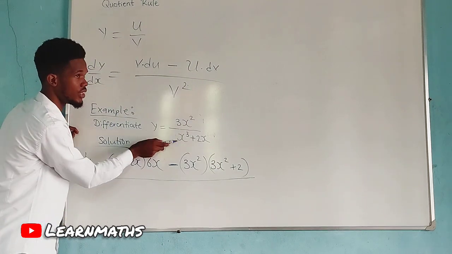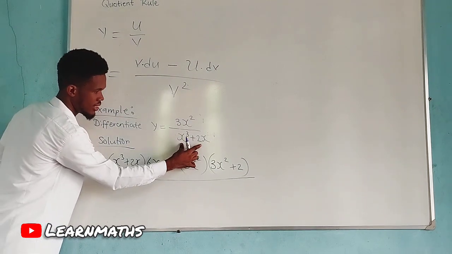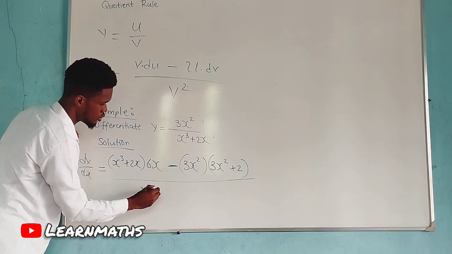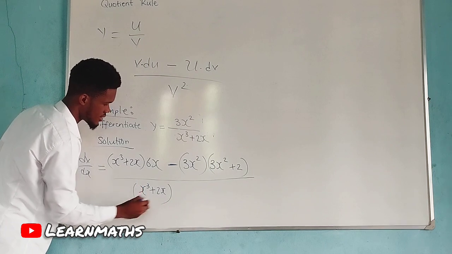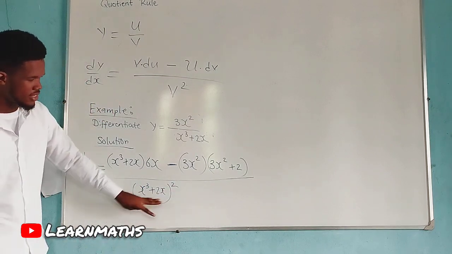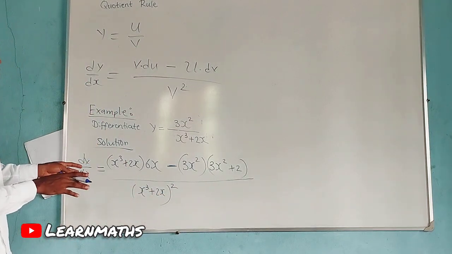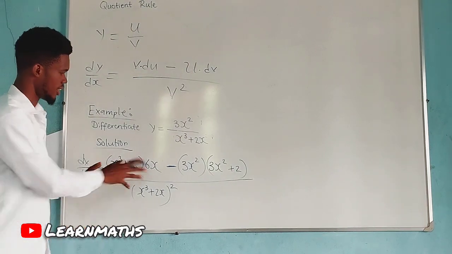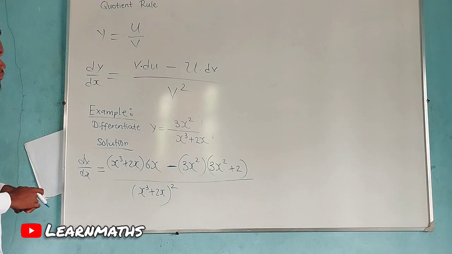What's our v? This is our v, so we're going to square this. This is x raised to the power 3 plus 2x, everything squared. This is v squared. Now we have just applied the quotient rule, that's v du minus u dv over v squared. But let's simplify further.